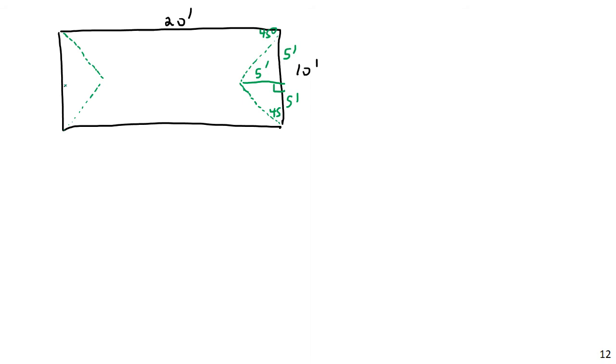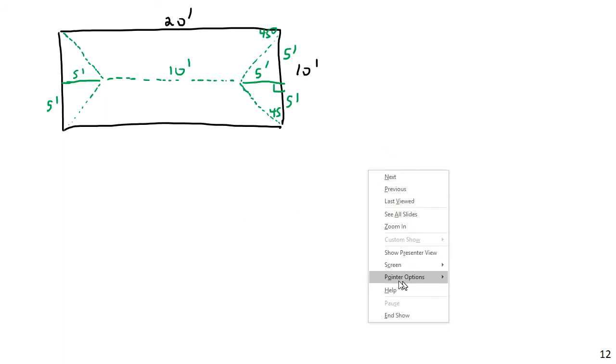In other words, I'll have a triangle that is 5 feet on both legs. And then my trapezoidal region will go like this. It will be 10 feet long, so not necessarily symmetric. And this would be 10 feet long here.